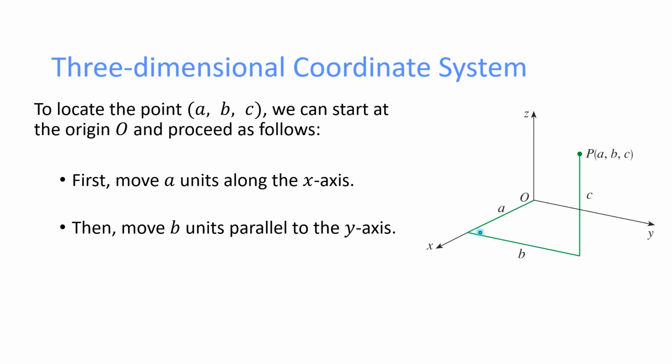So now my mouse is moving b units parallel to the y-axis. And finally, move c units parallel to the z-axis. So I'm moving parallel to the z-axis, and that's my point P, where point P is a, b, c.